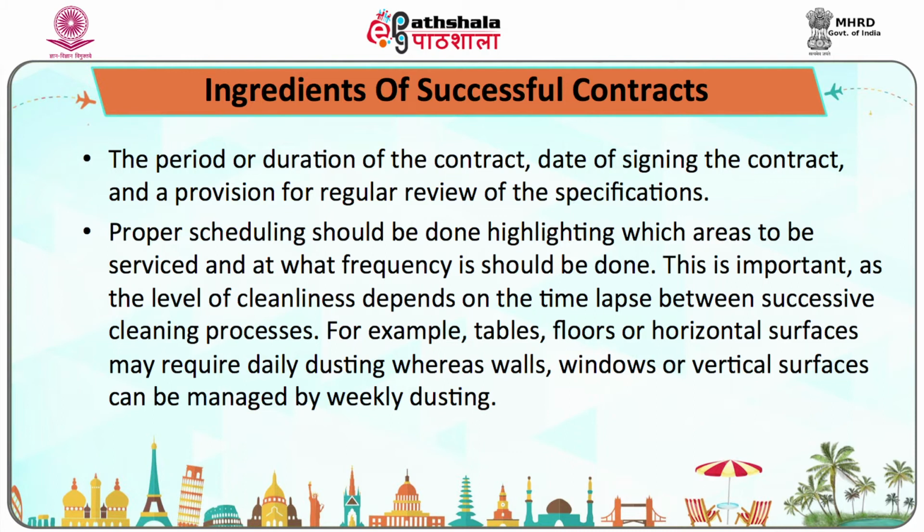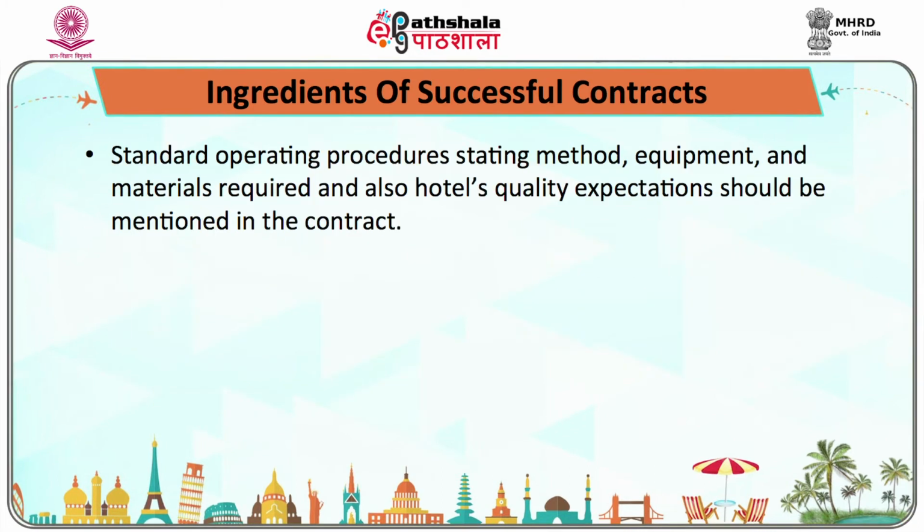This is important as the level of cleanliness depends on the time lapse between successive cleaning processes. For example, table tops or horizontal surfaces may require daily dusting, whereas walls, windows or vertical surfaces can be managed by weekly dusting. Standard operating procedures stating method, equipment and materials required, and also hotel quality expectations should be mentioned in the contract.